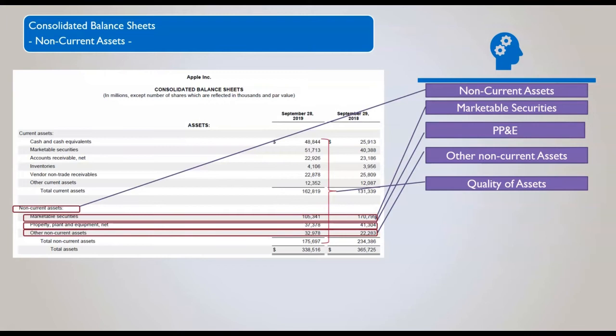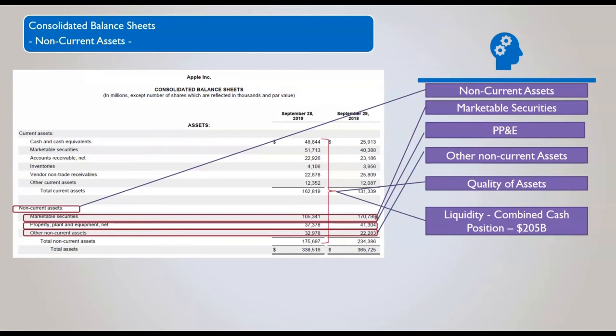Another component which attributes to this high quality of assets is Apple's liquidity or combined cash position. One thing I do notice looking at Apple's balance sheet is that its cash equivalent and marketable securities balance is approximately $205 billion.